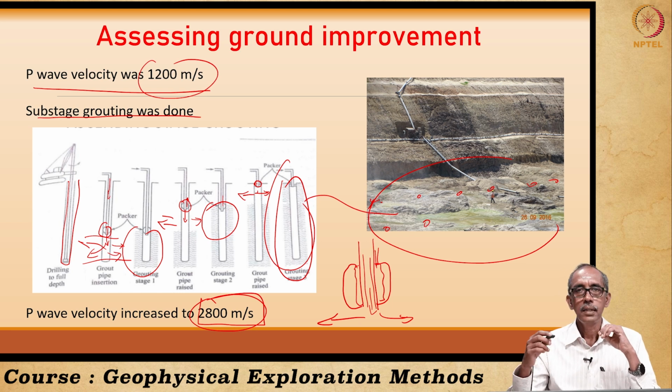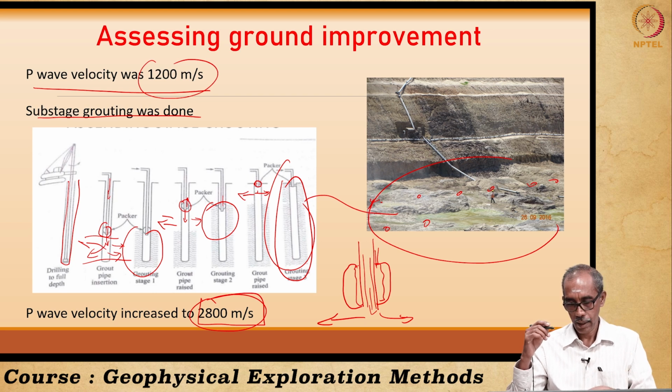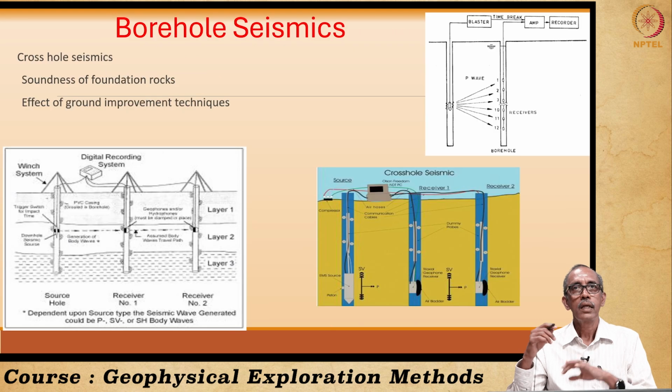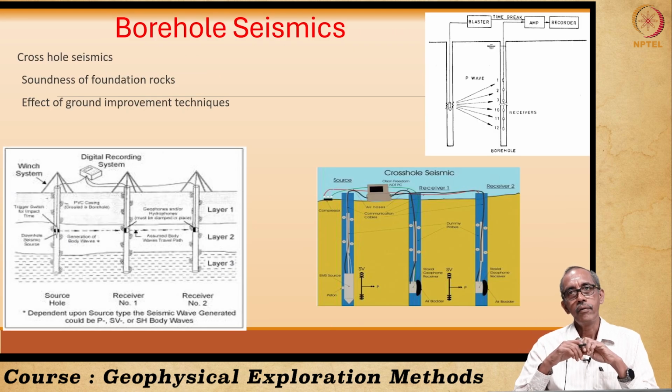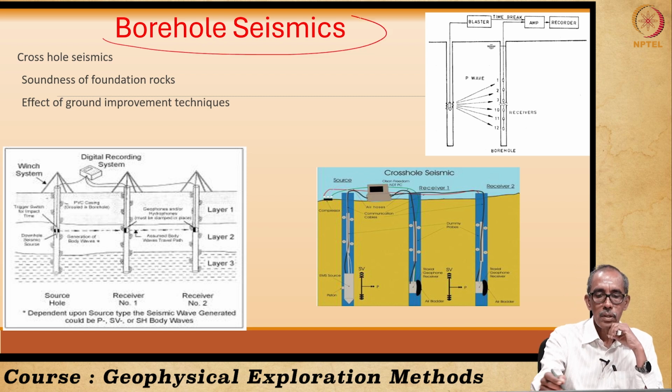This is how seismic refraction survey can be effectively used to see whether we have improved the ground, which is of great asset to geotechnical engineers. Then we can also understand weaker zones in the rocks by carrying out seismic survey from the boreholes.